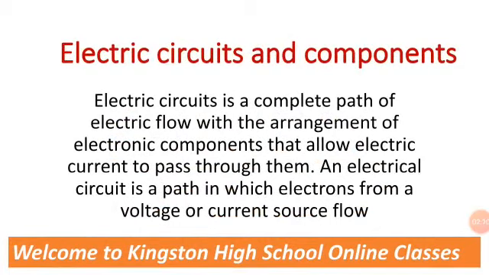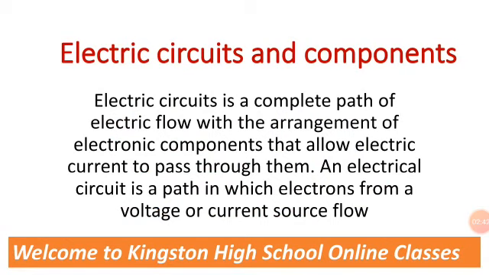Remember that last week we looked at electric circuit. We defined it as the arranged pathway for electric currents to flow. So, pathway. Electric circuit provides a pathway for electric currents to flow.